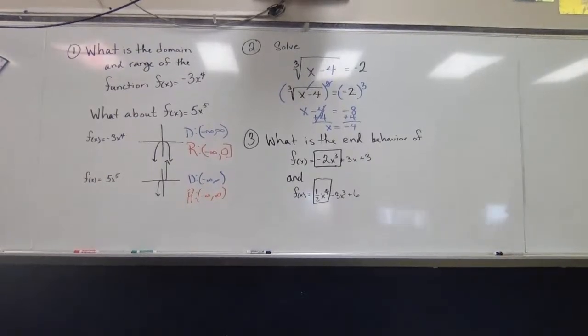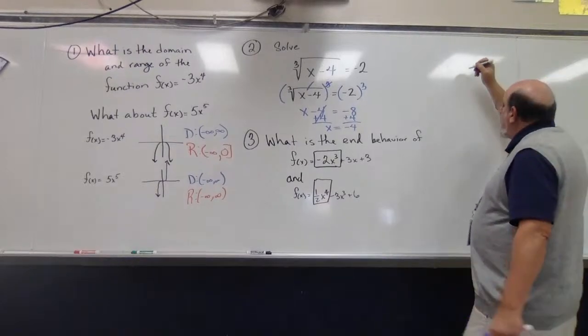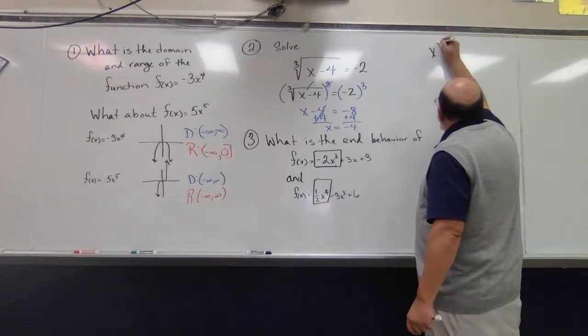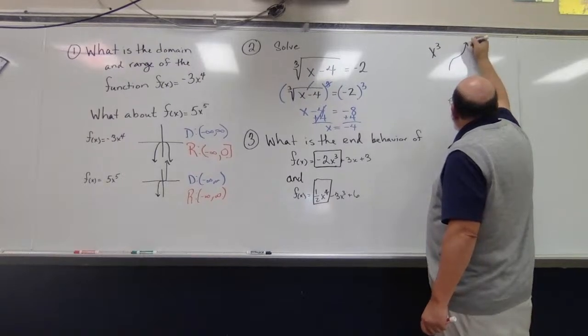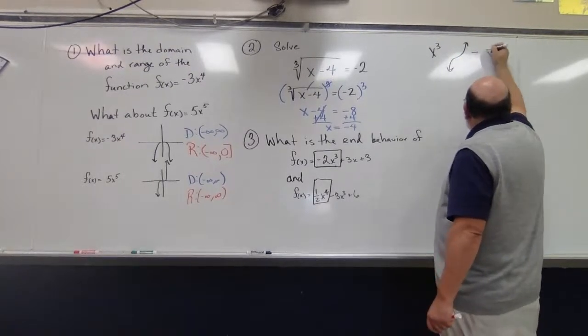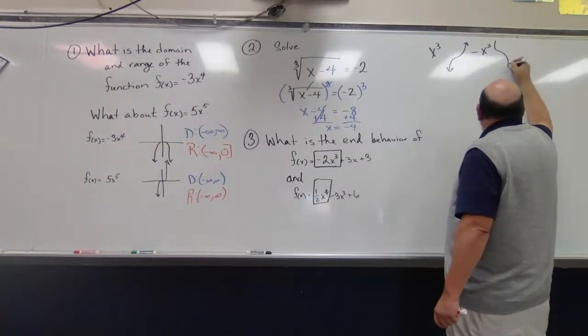An odd power looks like this, but negative makes it go the other way. So it starts high and goes low. I'll put it up here. X cubed starts low, goes high. Negative x cubed starts high, goes low.